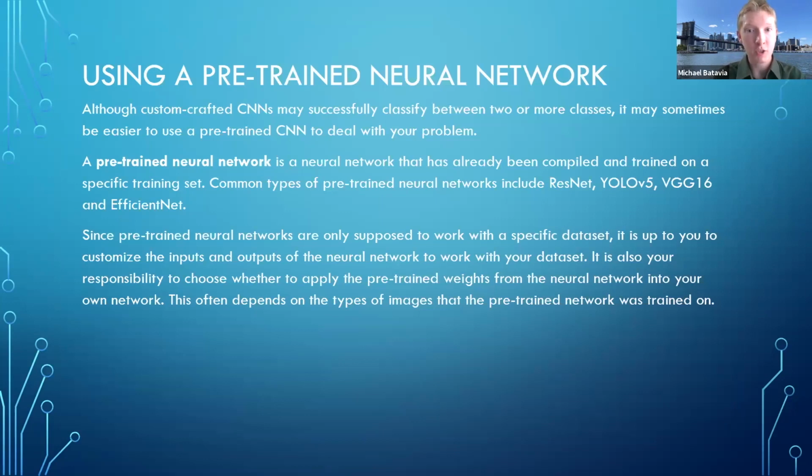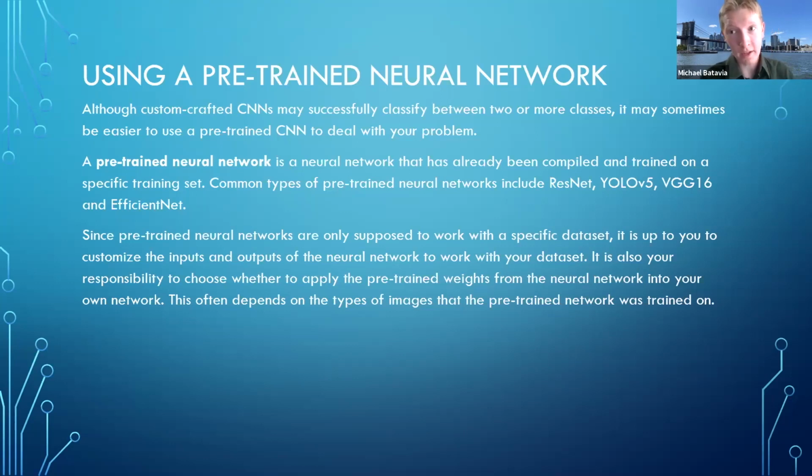If you use a pre-trained neural network, which is a neural network that's already been compiled and trained on a specific training set, like ResNet, VGG16, or EfficientNet, EfficientNet is also pretty good, you're going to probably get a greater accuracy, and it's also going to train less because it's already been trained on some stuff.